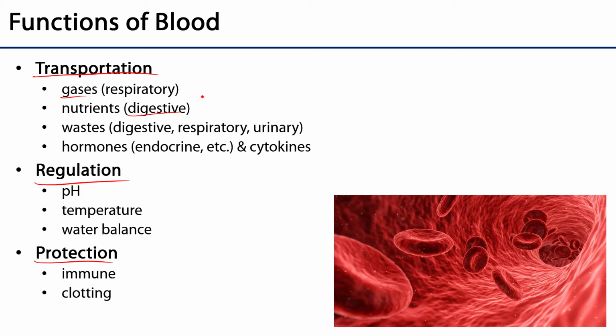Waste products. Waste products are generated as metabolites of cellular metabolisms of active tissues, and they can be distributed through the respiratory system, urinary system, etc. Various hormones created by endocrine tissues and cytokines can be produced and distributed throughout the blood. In terms of regulation, we have the regulation of pH homeostasis, which we'll discuss with the bicarbonate buffer system.